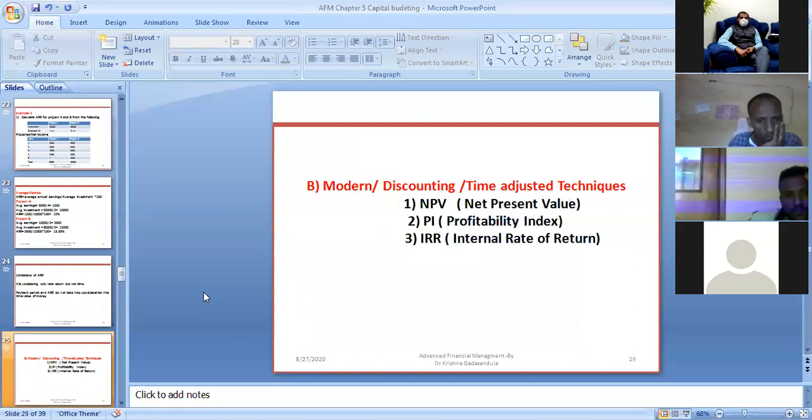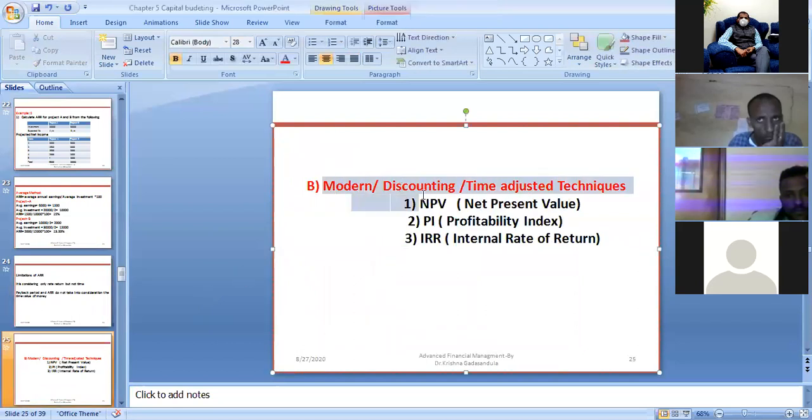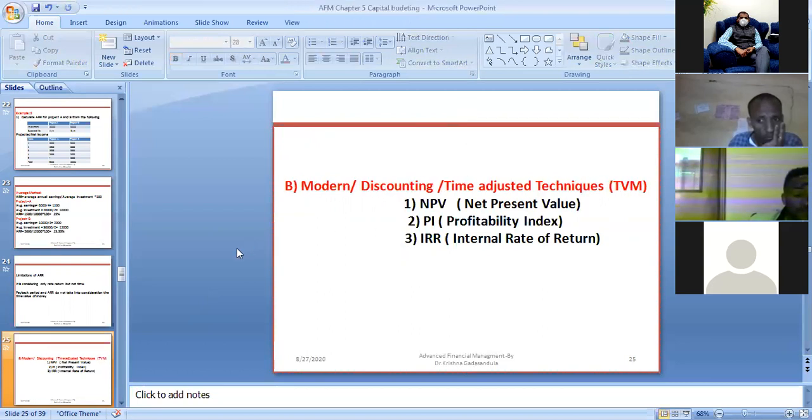That's why we take modern, discounted or time-adjusted techniques, where TVM, the time value of money, is also considered. By considering the time, the value of money and the rate of return, we calculate the project returns, whether the project is accepted or rejected.